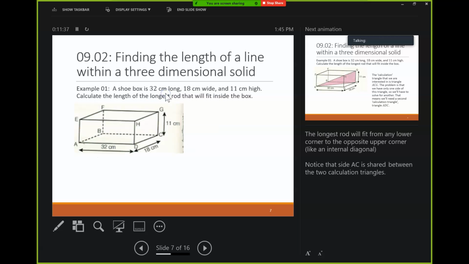So I'll start by drawing ourselves a picture. So here's my 32 by 18 by 11 box. What Josh was describing is something, for example, going from F to D. Everybody agree that that's going to be the longest thing you could fit in there? And again, there's nothing specific about F to D. It could be from G to A or E to C or whatever, right?